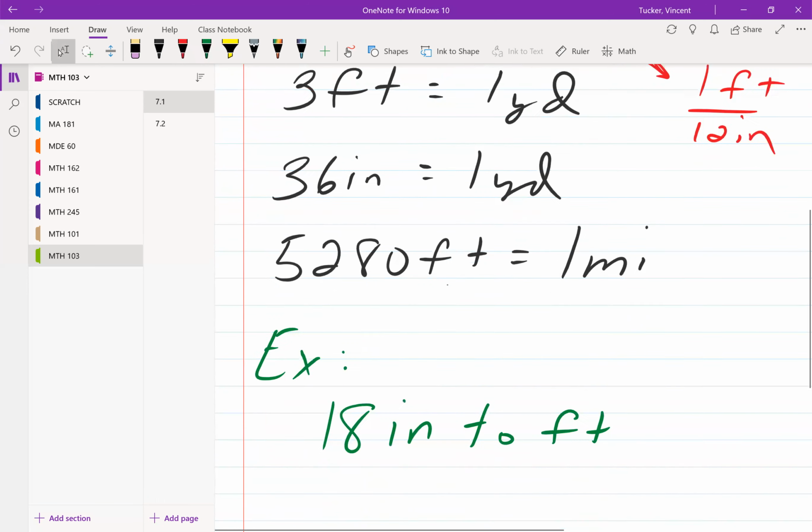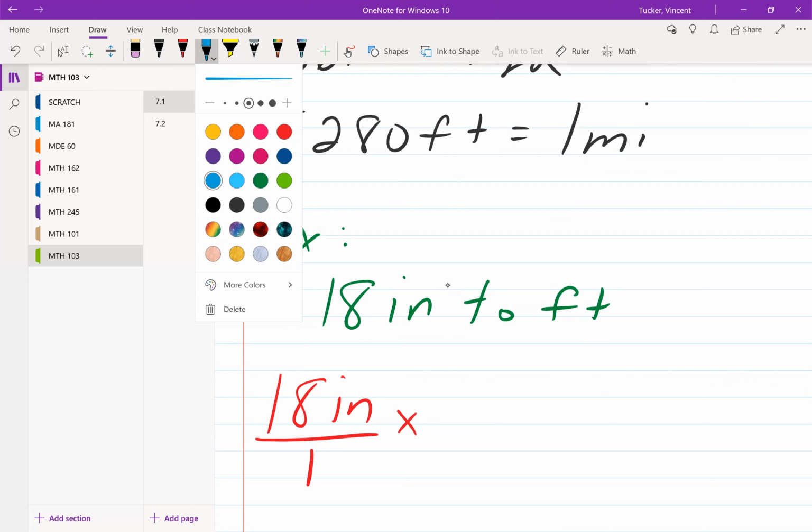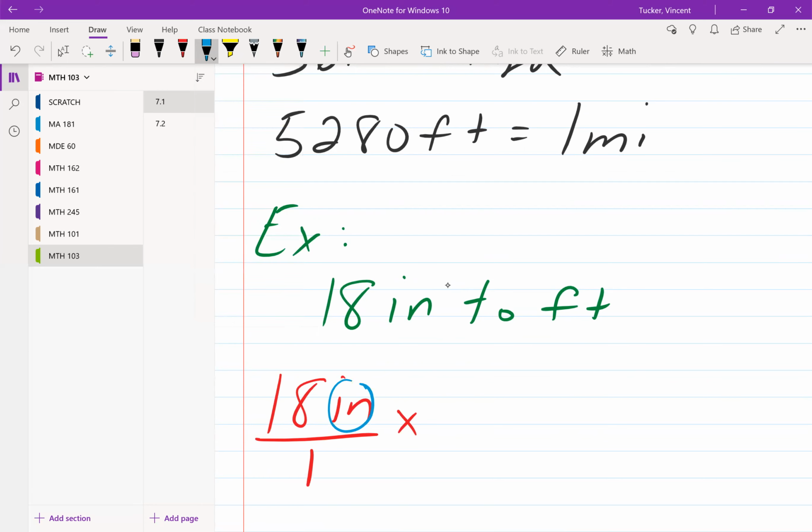So what decides or dictates how we use it? Well, we look at 18 inches. That's what we're starting off with. Place it over 1. Now, whatever is in the numerator as far as measurements is concerned, we have inches, needs to be down here in our denominator.